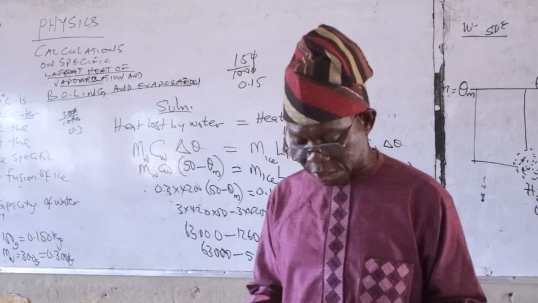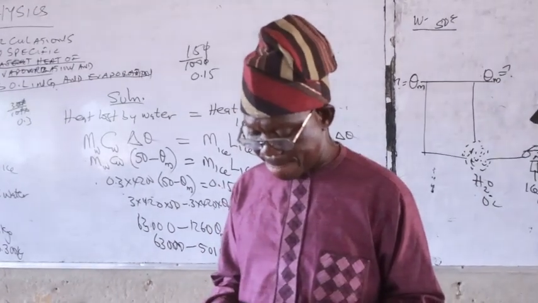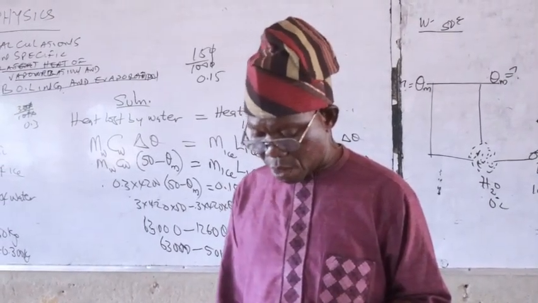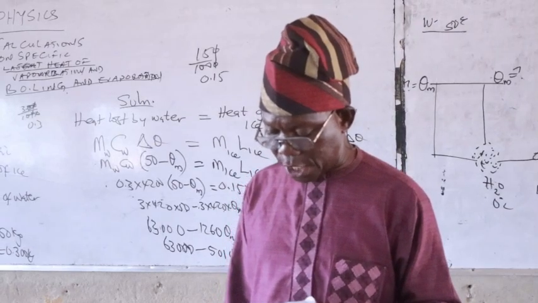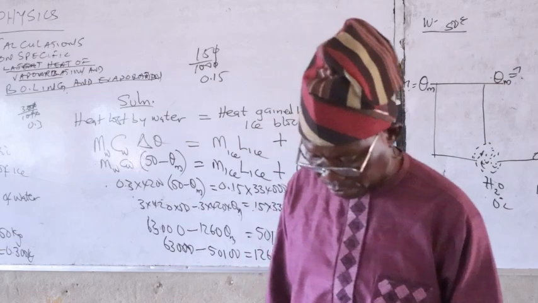Specific heat capacity of water, 4,200 joule per kilogram per Kelvin.